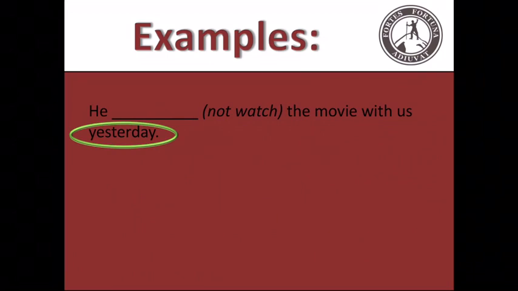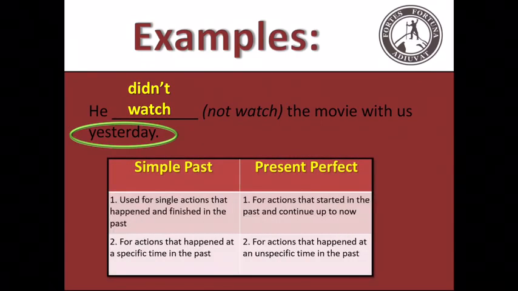And then, as our auxiliary is in past, our main verb stays in its simple form. He didn't watch the movie with us yesterday. Here, both of the functions are similar. We have a single action that happened in the past, and there is a specific time.